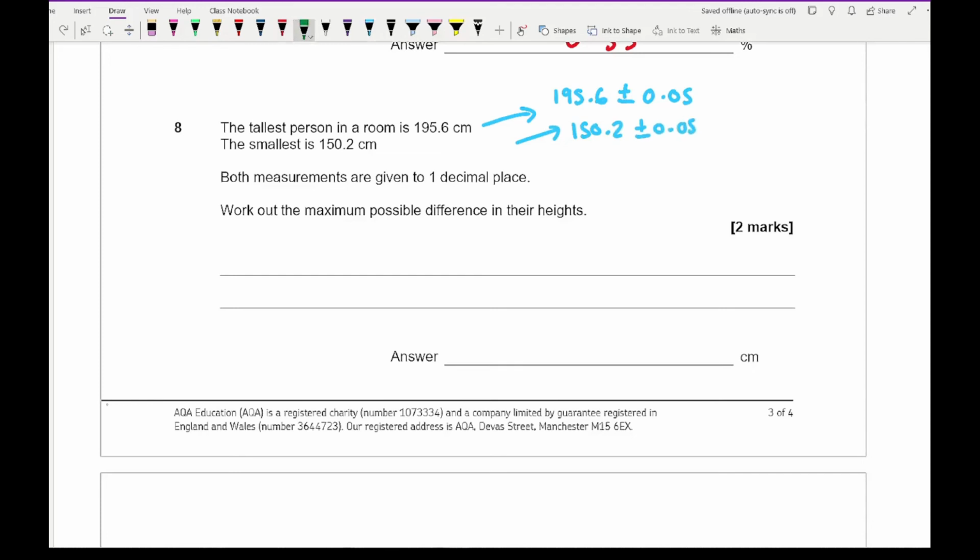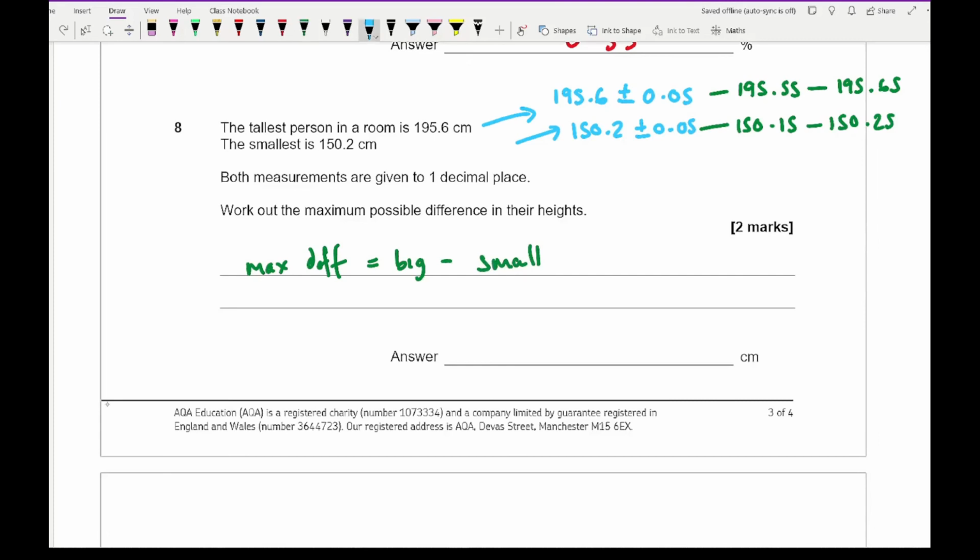Now if I do those, what do I get? Well, I'm going to get 195.55 and 195.65, and for this one I'm going to get 150.15 and 150.25. Now it's really important you do show those upper and lower limits, and then to get the maximum difference, which is a maximum subtraction, I want big minus small.